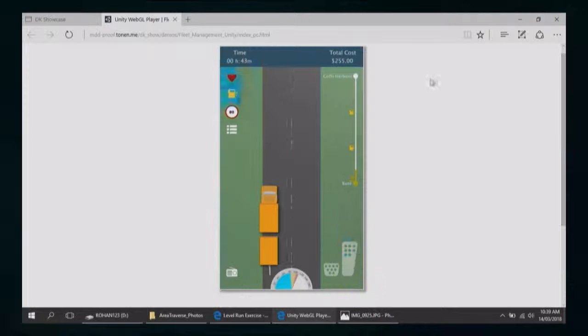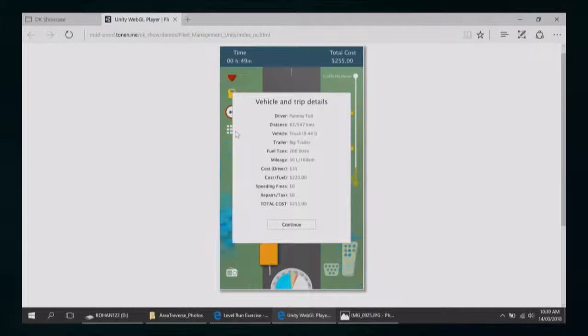I'm just going to zoom out so I can see the total cost on top as well. So there's a total cost associated with my journey. You can see all the details. If I run out of fuel or if I fuel up, the fuel cost gets added. After every hour, the driver's wages tick over, and you can see the next hour the driver's wages have got added, and so on.